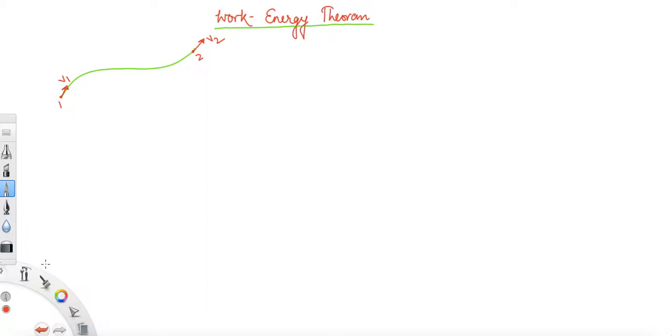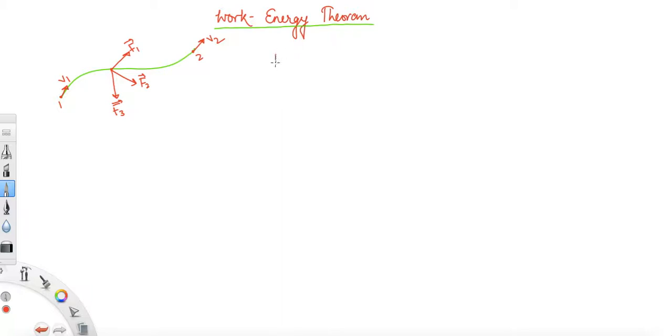During the subsequent motion, suppose the particle is acted upon by many forces. For the sake of simplicity, I am considering three forces acting on this particle: F1, F2, and F3.